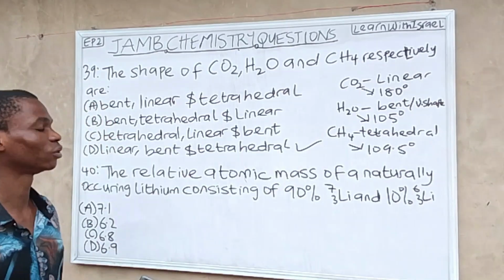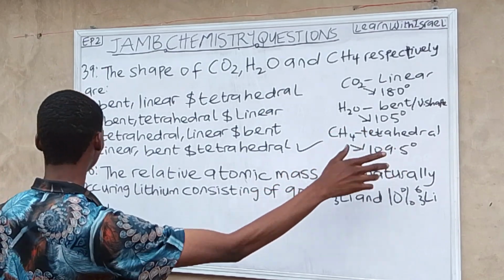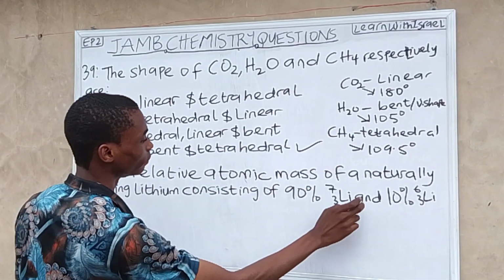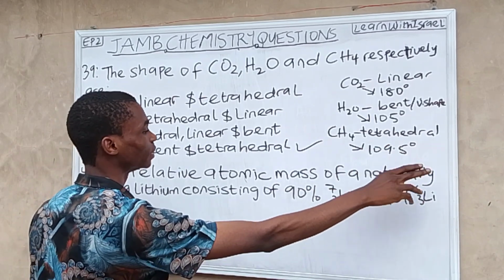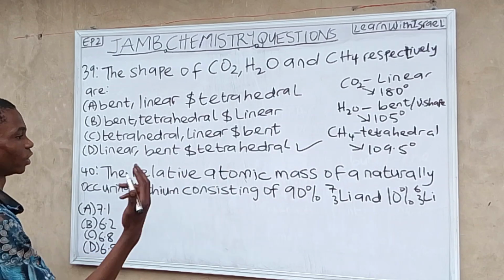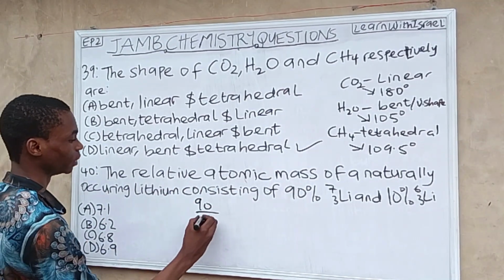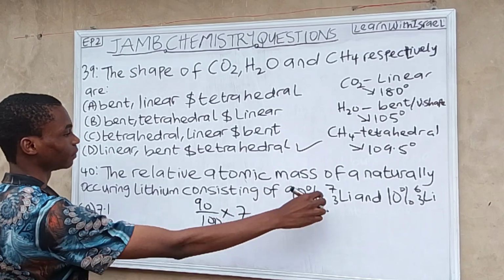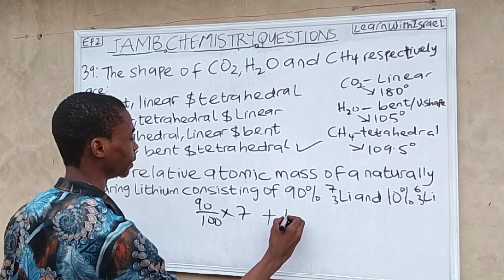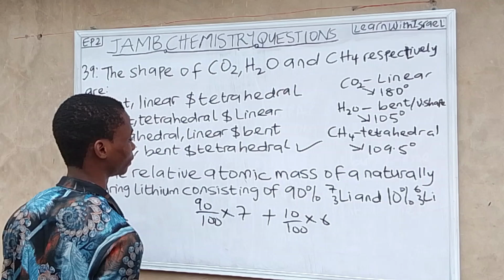So let's move to the last question for episode 2. The relative atomic mass of naturally occurring lithium consisting of 90% lithium-7 and 10% lithium-6. How do we solve this kind of question? 90 over 100 multiplied by the atomic mass of 7, plus 10 over 100 multiplied by the atomic mass of 6.